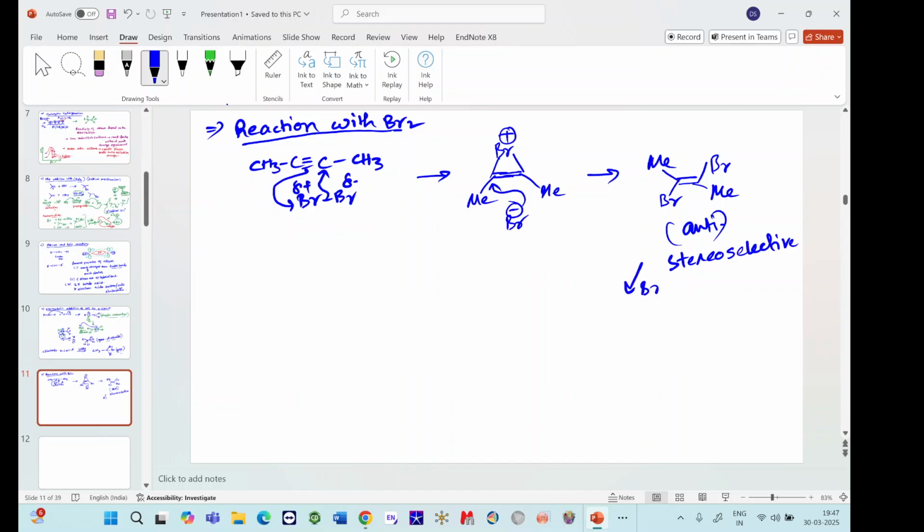Now if you have excess of Br2, then this one can also react with this alkene, so that you will finish with CH3, C, Br, Br, C, Br, Br, CH3.